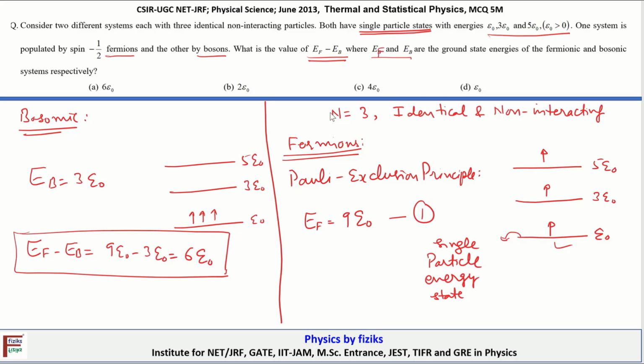But since it is mentioned that it's a single particle state, we cannot accommodate the second particle with the opposite spin here. We can only accommodate one fermion here, so that the net energy of this system comes out to be equal to 9E0. So in my opinion option A is the correct one.